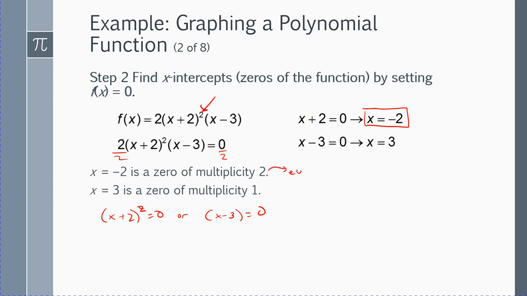So that's an even multiplicity, right? Here, there's an invisible 1 here, okay? So another one, when you solve x minus 3 is equal to 0, you get x is equal to 3. That is a multiplicity of 1, so that's an odd. So what does that mean, okay?